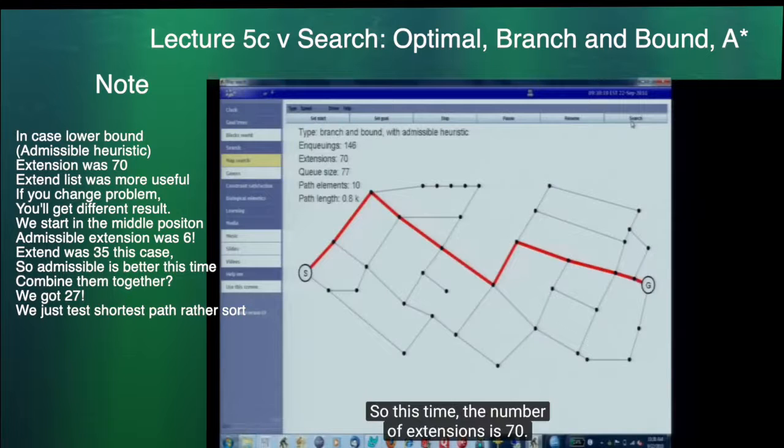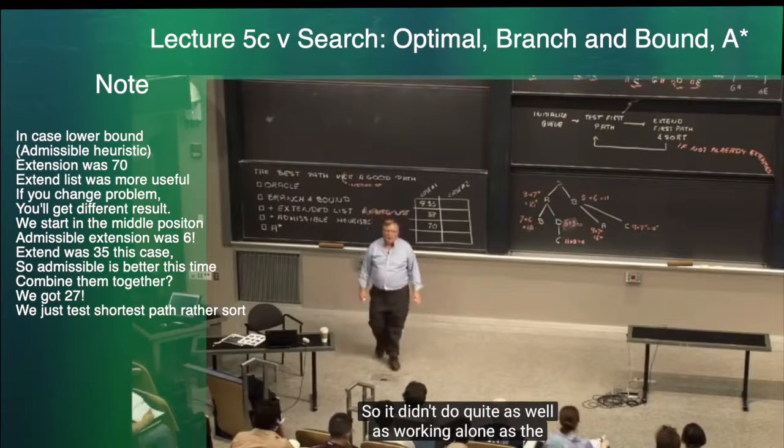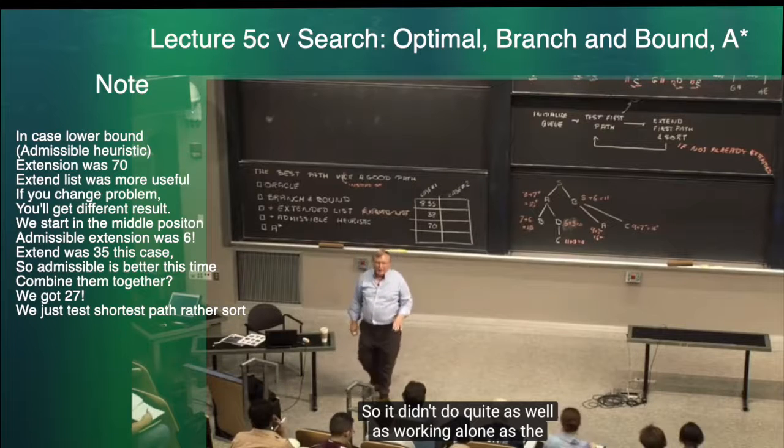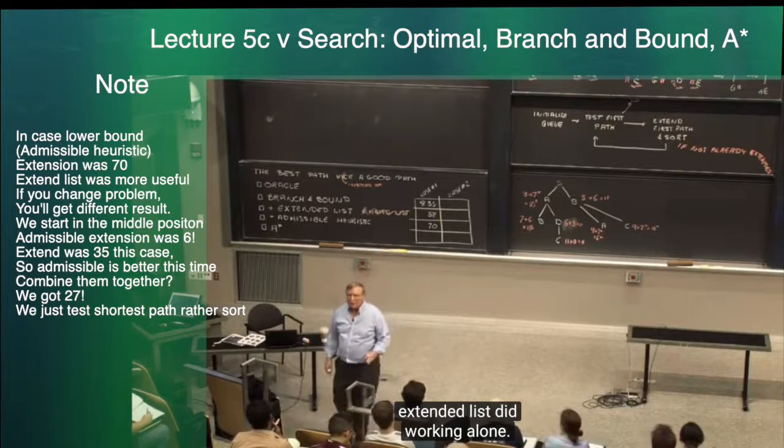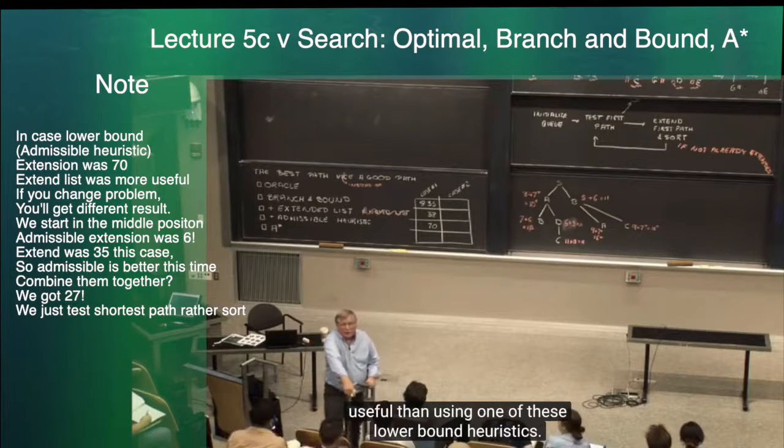So this time the number of extensions is 70. So it didn't do quite as well working alone as the extended list did working alone. So we immediately conclude that the extended list is more useful than using one of these lower bound heuristics.